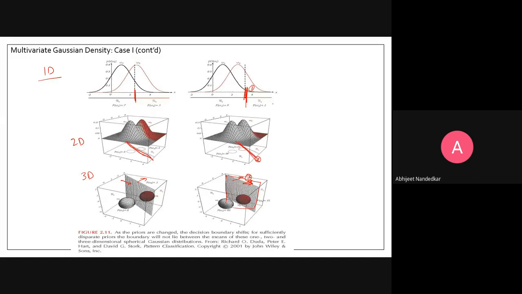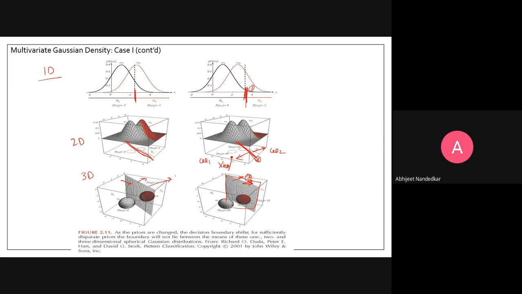Once it is done, I can throw away all my data. I don't require it anymore. Whenever a new test sample, suppose X test, appears here, I check whether it is below this line or above this line. If it is below this line, it is in the region of omega 1. If it is above this line, it is in the region of omega 2. Same is the case with these planes.